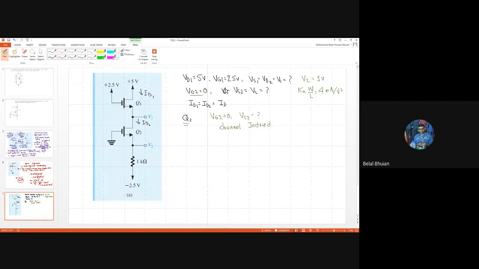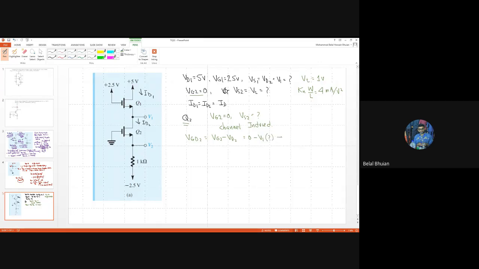Now, whether the MOSFET is operating in triode region or saturation region, for that I need to check VGD2, which means VG2 minus VD2. Here I know VG2, which is 0, but I don't know VD2. VD2 is equal to V1. I don't know.